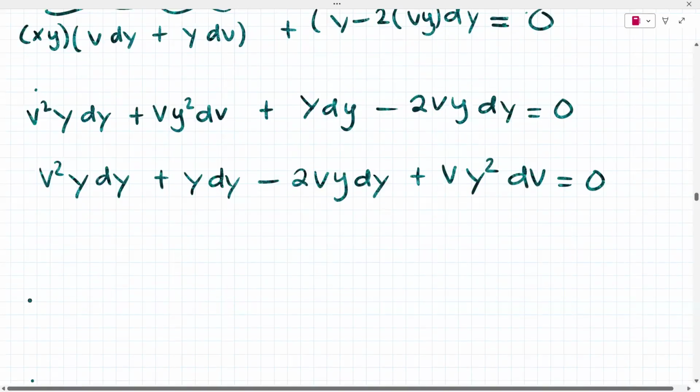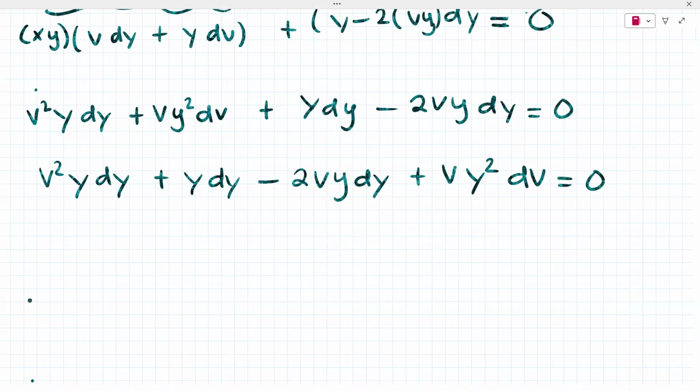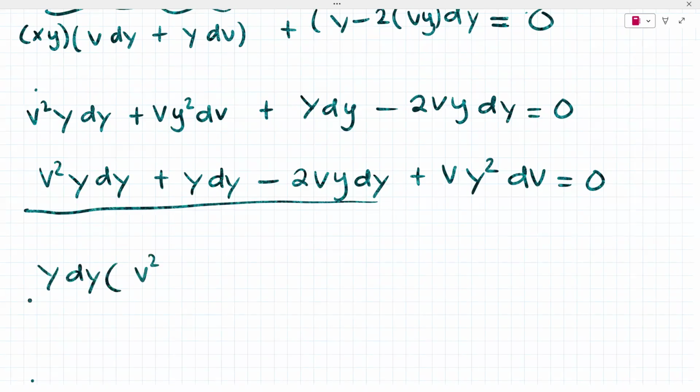And then what can we do? It looks like all these three terms have a dy and a y, so you can factor those out. So it's going to be y dy of v squared plus 1 minus 2v, plus vy squared dv equals 0, right?